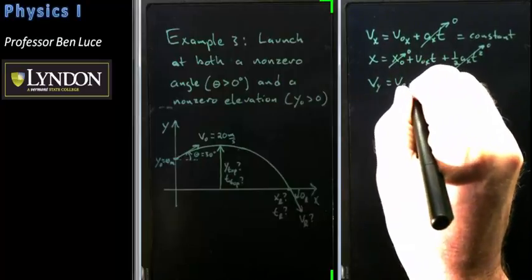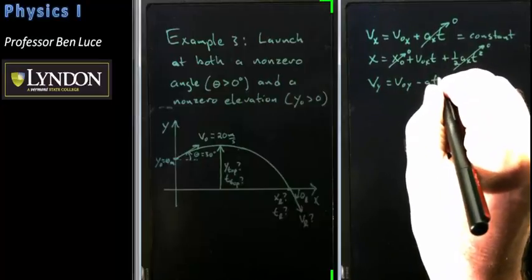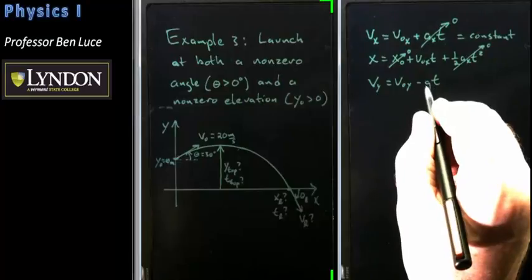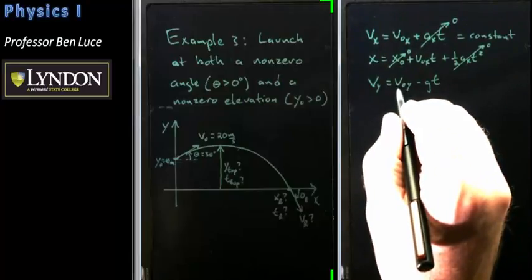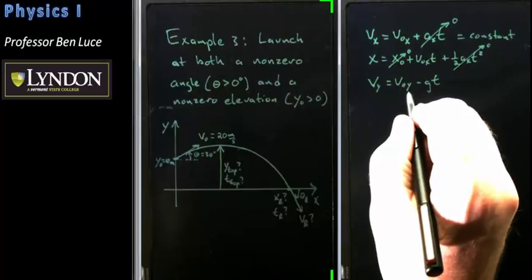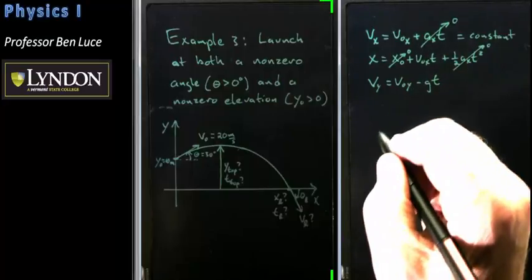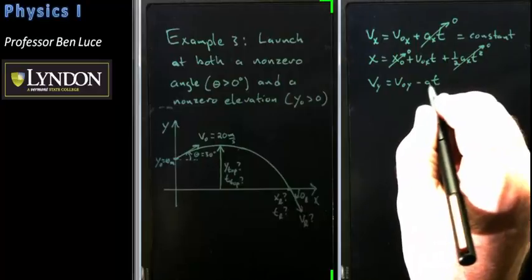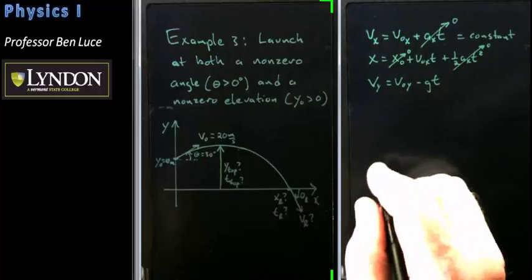The Vy equation generically would be V naught y minus gt. That is, a sub y is minus g. But in this problem, V naught y is not 0 this time around because we're launching at an angle. So there is a y component initially of the velocity. And of course, the acceleration in the y direction is not 0. So we have to keep this entire equation.